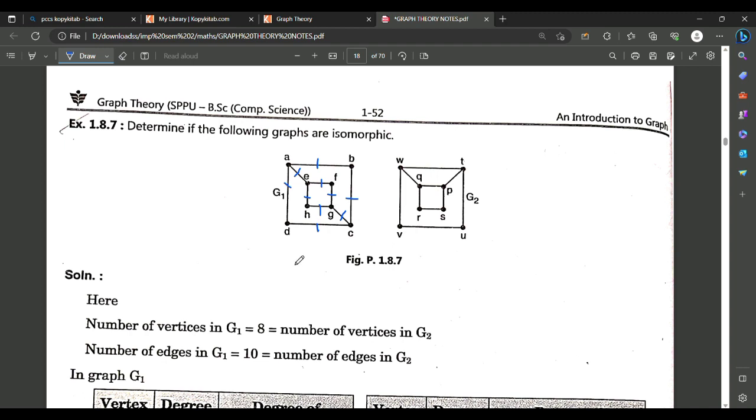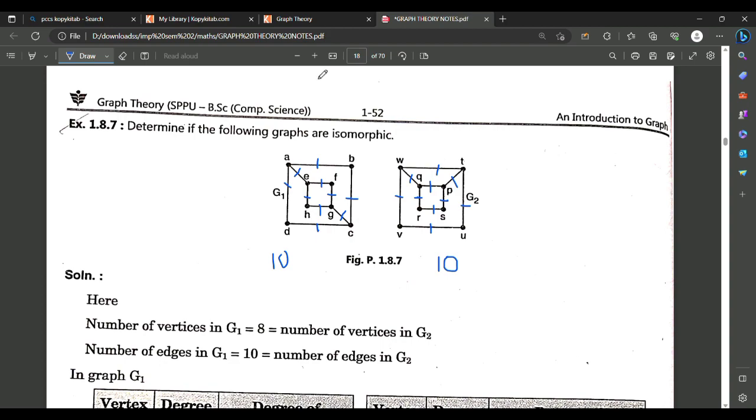So the number of edges is 10, and in G2, 1, 2, 3, 4, 5, 6, 7, 8, 9 and 10. Here also the number of edges is 10.